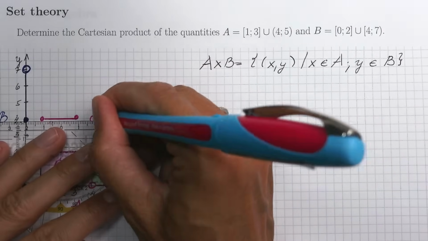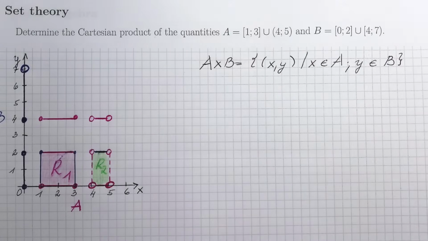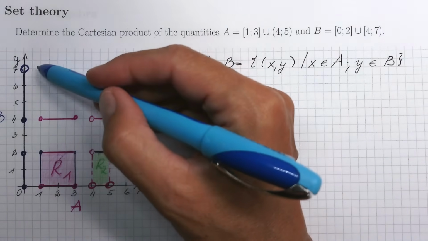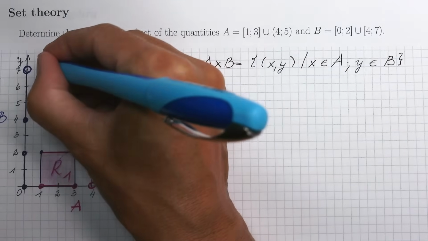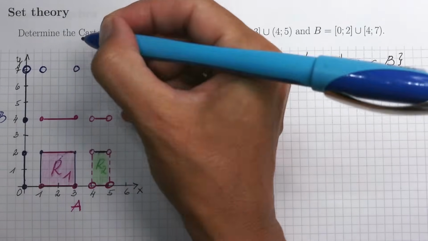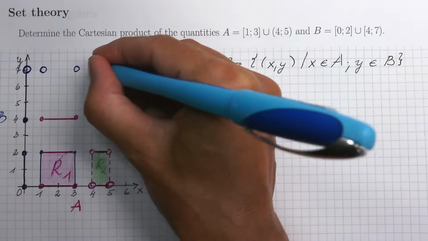The numbers in between are included. Now let's have a look at the top. The 7 here is not included, so the vertices here can also not be included. They have to be excluded. It's all open intervals.